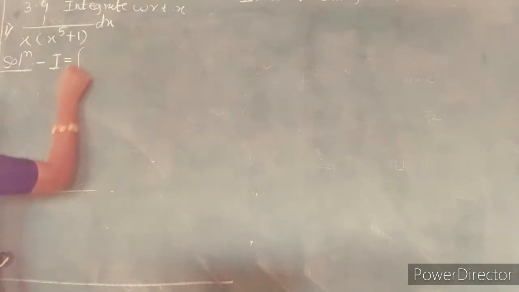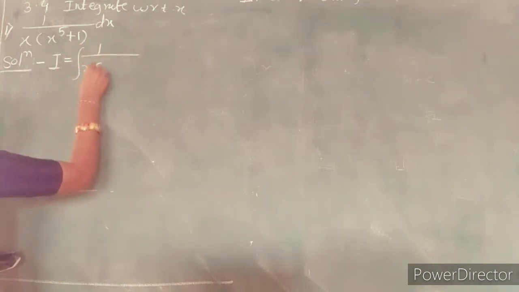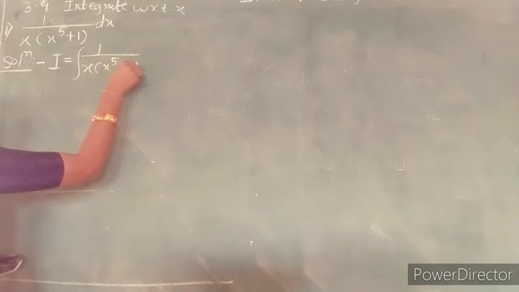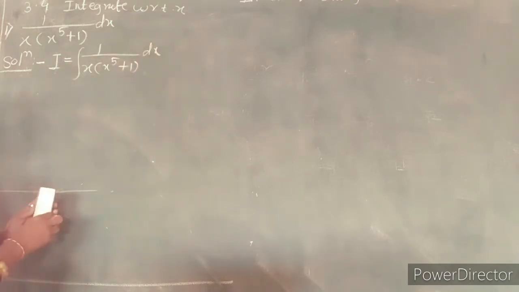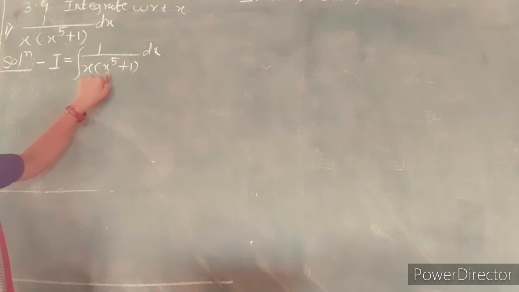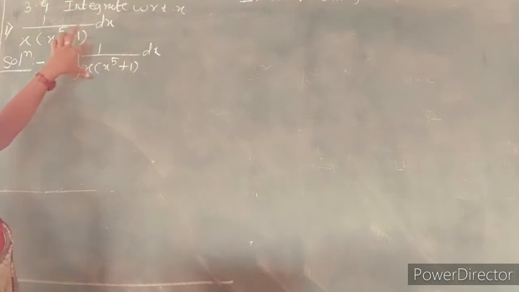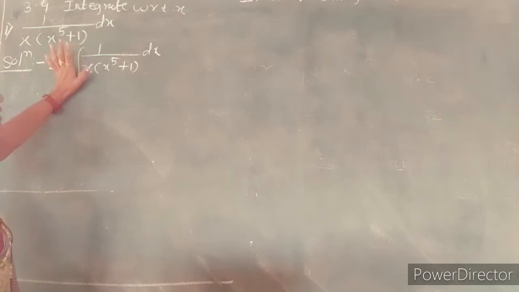First we take the integral, which is equal to 1 upon x into x raised to 5 plus 1. Actually, this factor is not linear. But by looking at the nature of the integrand, we can evaluate it.